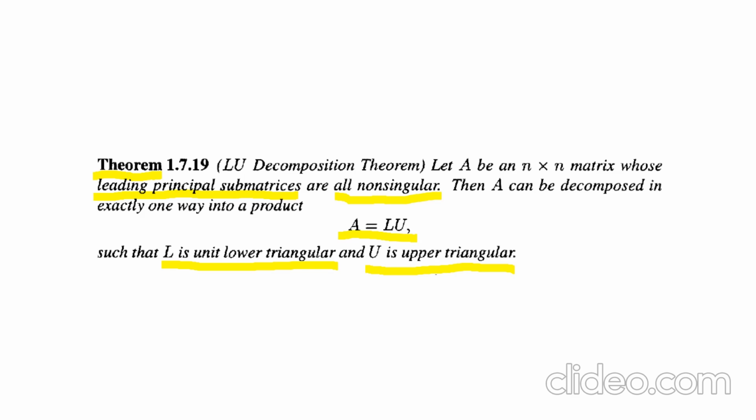In a unit lower triangular matrix, the diagonal entries of the main diagonal are always 1. So L is the lower triangular matrix in such a form that its diagonal entries are 1, and U is any upper triangular matrix.